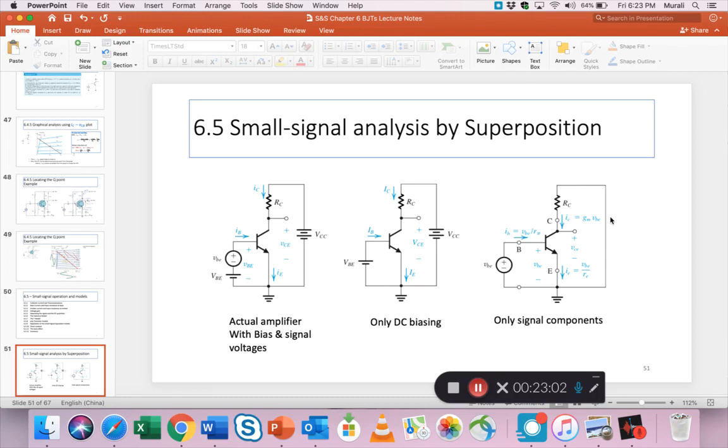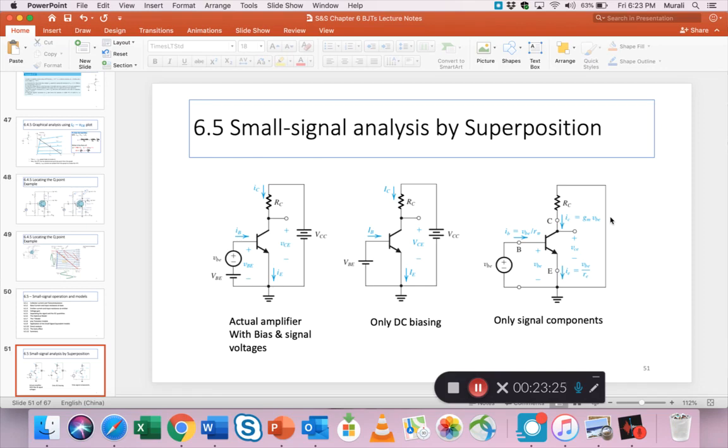So you kill one source, look at the impact of the other source, look at the voltages and currents, keep them. Then you kill the second source, activate the first source, again look at what currents and voltages come out, and then you add them and you get the sum, the total effect.